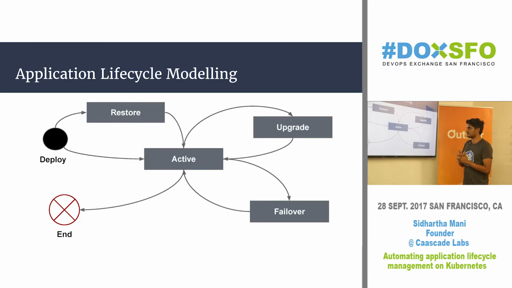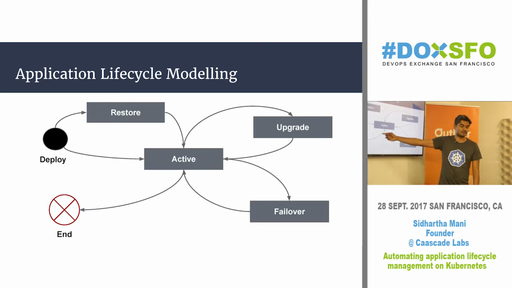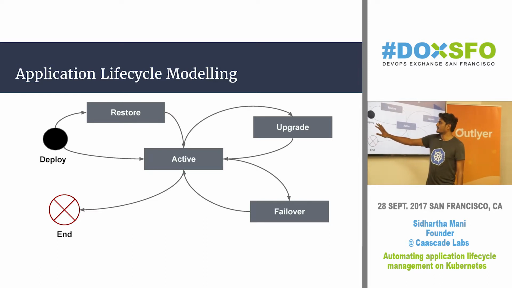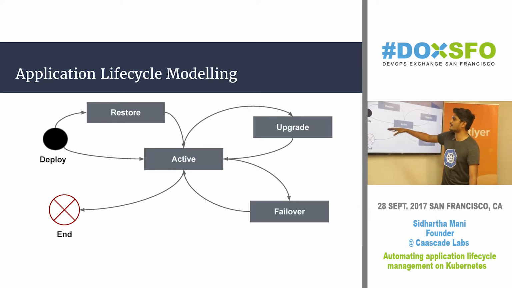Given that any application can be modeled this way, I wanted to come up with a specification language so that people can just use a YAML syntax and start modeling their applications just the way I ran PostgreSQL. So let's just look at how deploy works in PostgreSQL, and I'll talk about how I modeled it later.